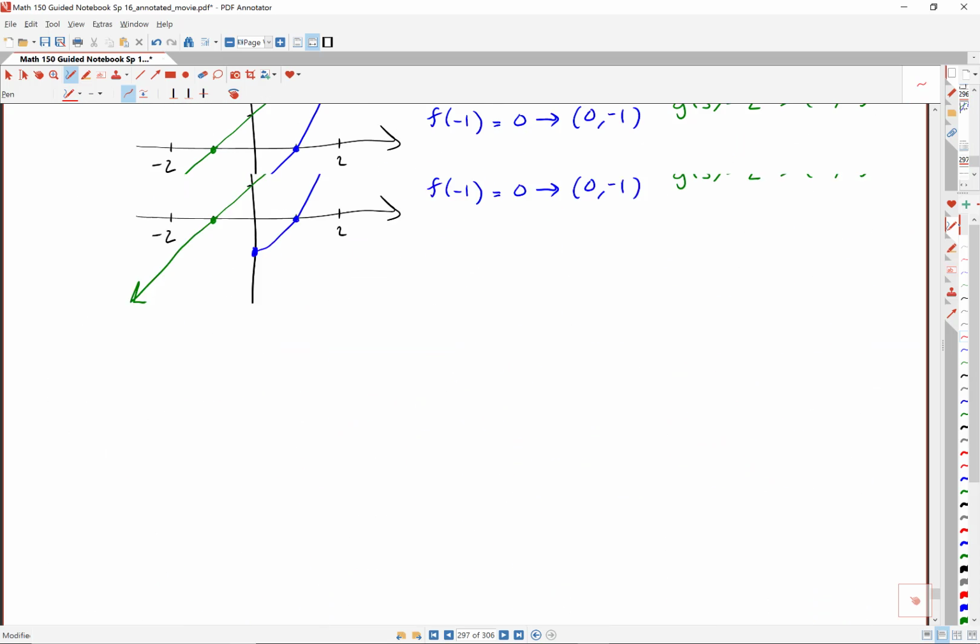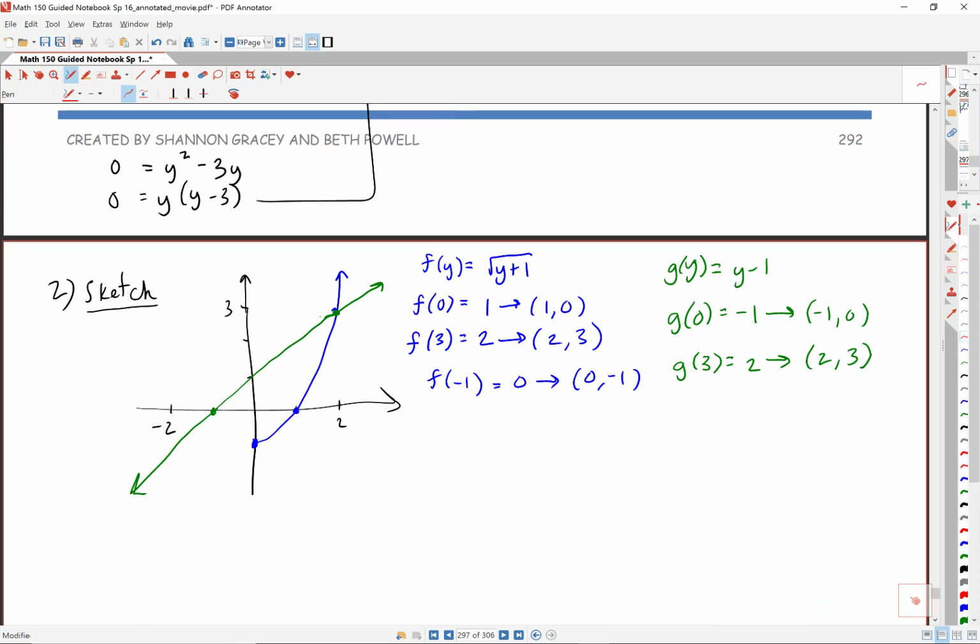Otherwise, you wouldn't be subtracting out all the area, since there's domain restrictions on root y plus 1. Okay, so that makes our region like this.